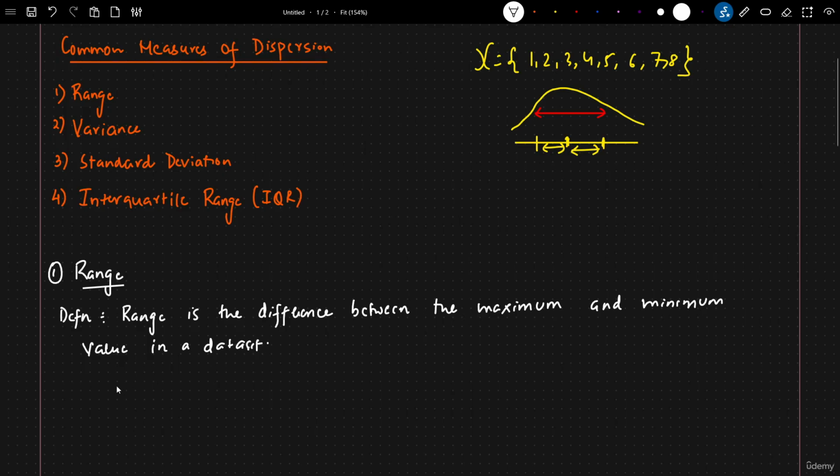The formula of range is nothing but maximum value minus minimum value.